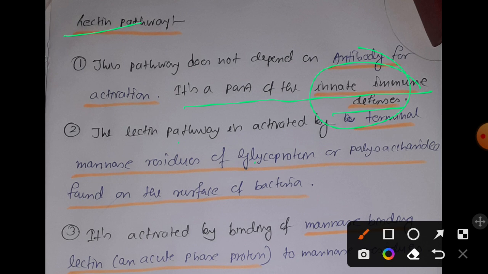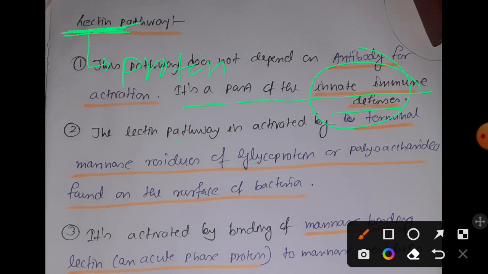So now one thing is clear, that here the antibody is not going to play the role of activator. Then which one will? Here the lectin protein plays the role of activator. So now it is important to understand what lectin is. Lectin here is a protein, more specifically an acute phase protein.